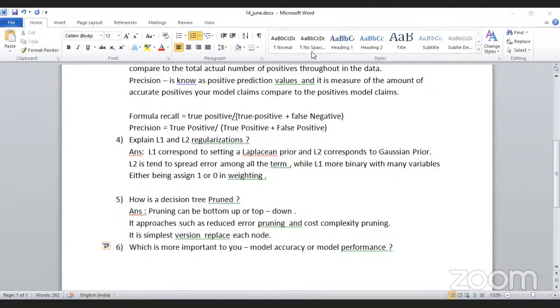Which is more important to you, model accuracy or model performance?